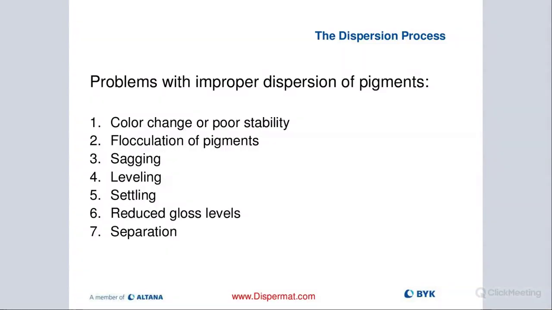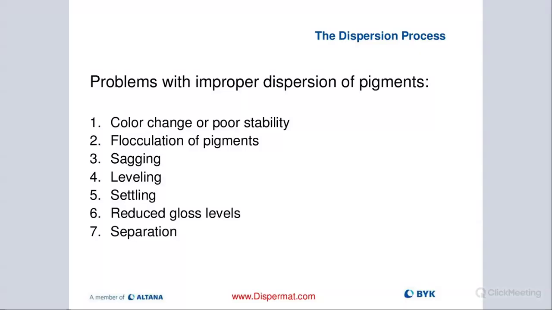So if we don't do a good job pre-dispersing or dispersing, we're going to have issues with our color. We're going to have poor stability. Flocculation of pigments is a big one. That also has to do, obviously, with the type of additives that customers are using. So it's very imperative that you're using a good additive in your formula to make sure that these pigments don't flocculate back together.